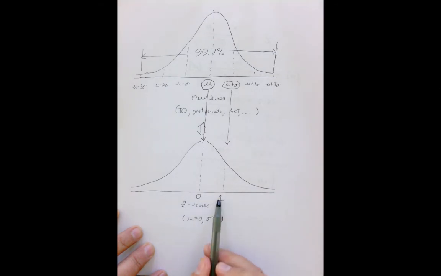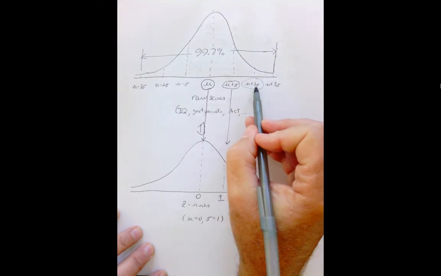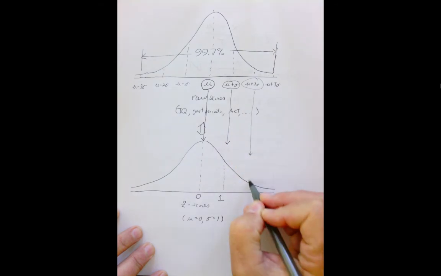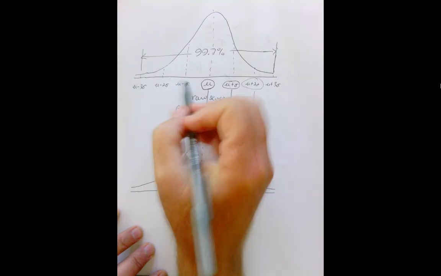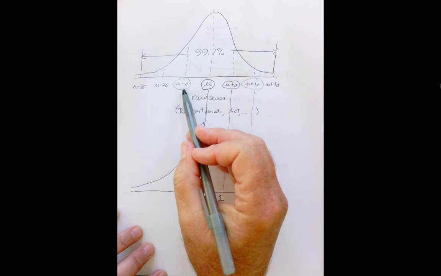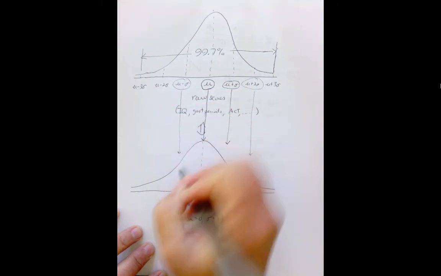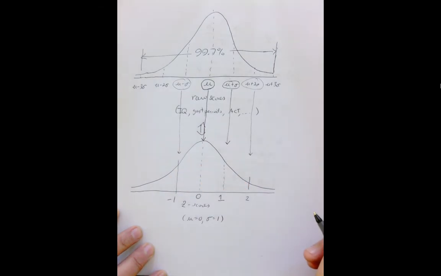It tells us how far above the mean in standard deviations that a score falls. The score that's 2 standard deviations above the mean is going to have a z-score of 2. Over here we have the mean minus a standard deviation, so this score is 1 standard deviation below the mean. Because of that, it's going to map to a z-score of -1 down here.